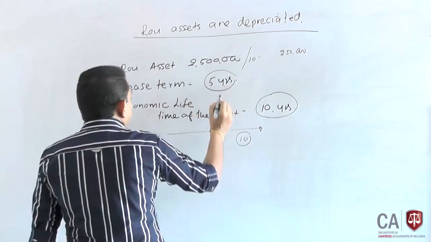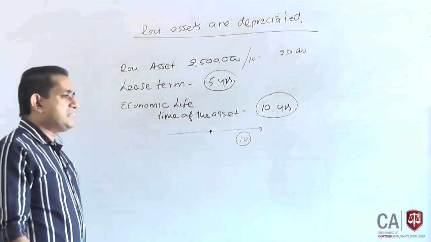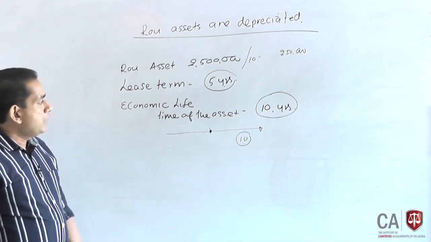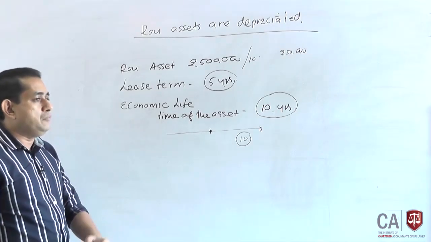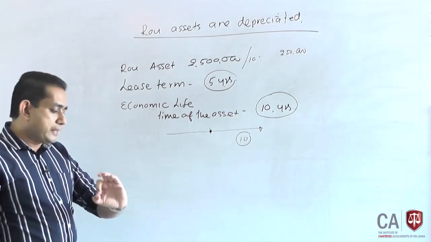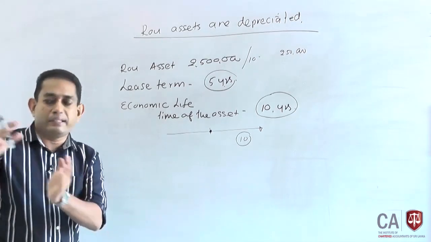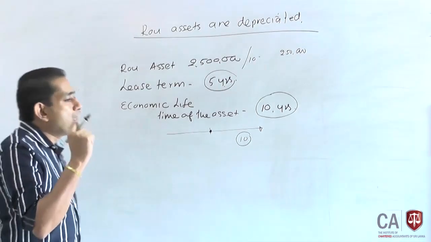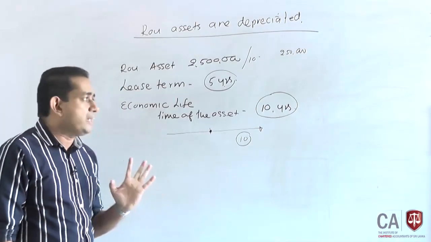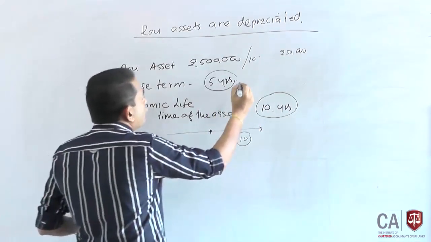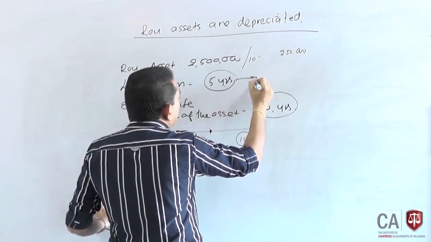Lease term is 5 years and economic lifetime is 10 years. Invariably in 5 years, when the lease agreement expires, the lessee has to return the asset back to the lessor. So, the lessee can make the best use of the asset only for how many years? 5 years, and then you should depreciate the asset only over 5 years.